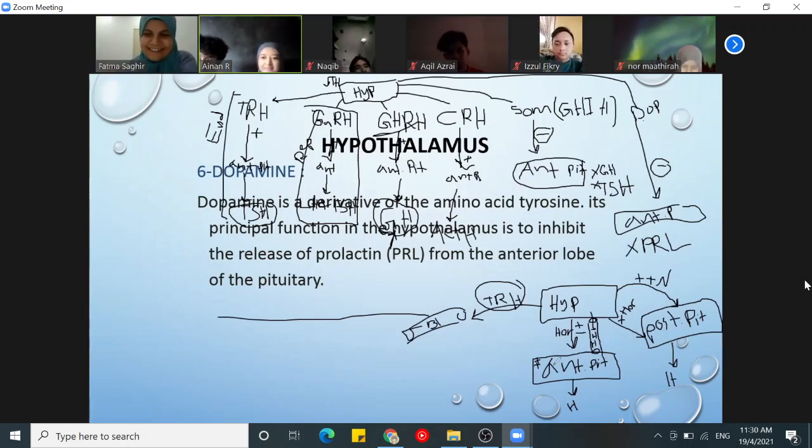So we said, why does thyroid releasing hormone, which is in the blood, only affect, stimulate or activate the anterior pituitary? It can reach everywhere because it's in the blood. So why does it only activate the anterior pituitary?